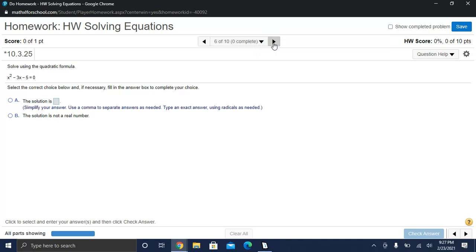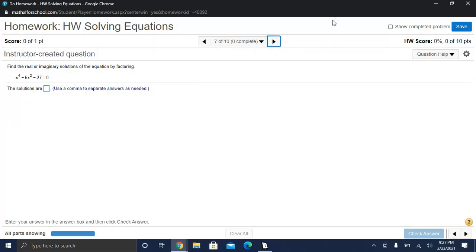All right, for problem number 7, it says that you can solve this equation by factoring. So I'm going to go back to factoring on this one.